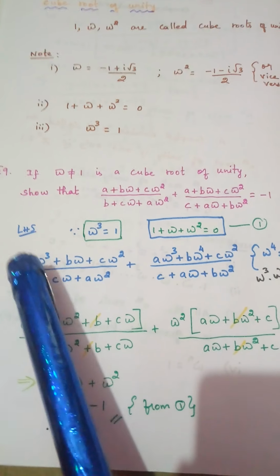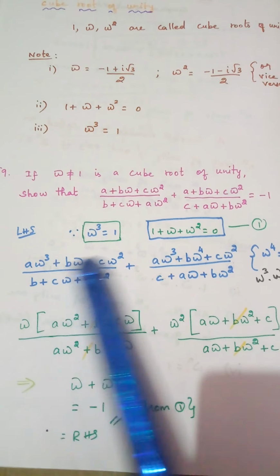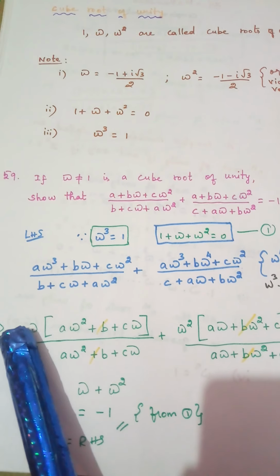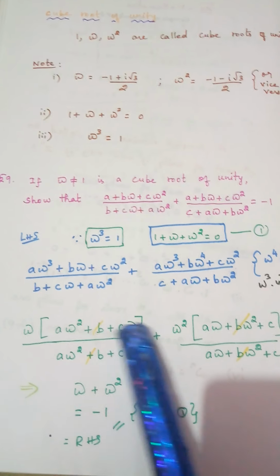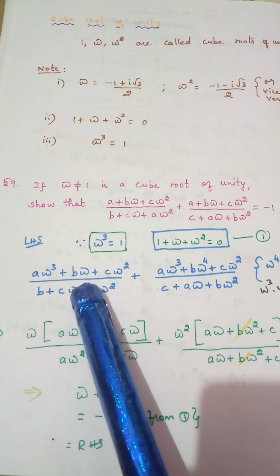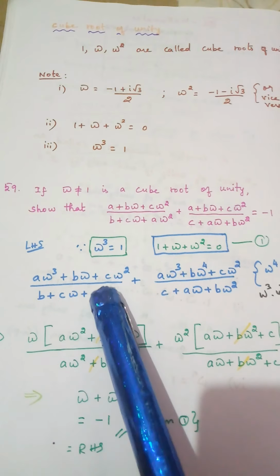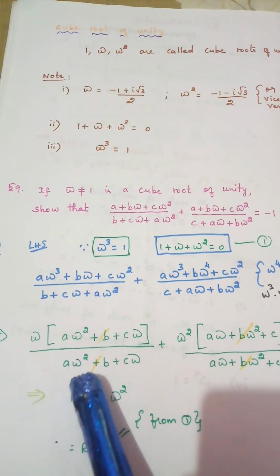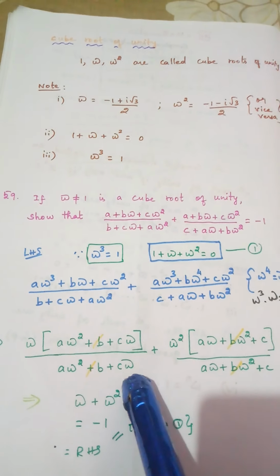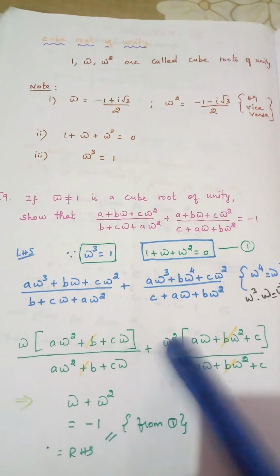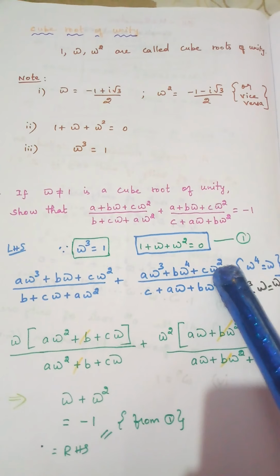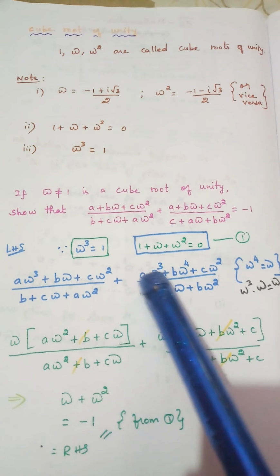Now if you see this, in this numerator I'm going to take omega as common. So take omega as common, write the remaining things. The denominator I have written as it is, but I have changed the order. A omega square is written first, b is written next, c omega is written next. Plus, in this second term, I am seeing the numerator, all the terms have omega square.